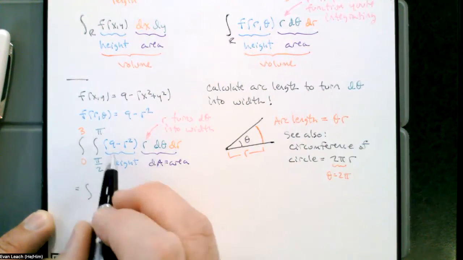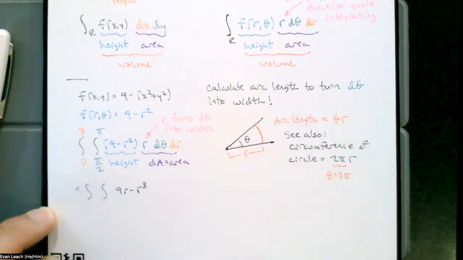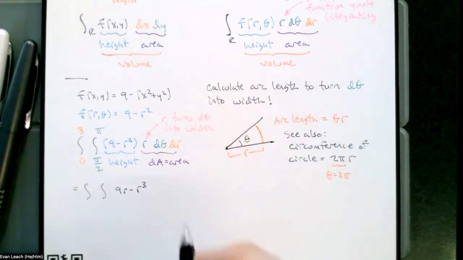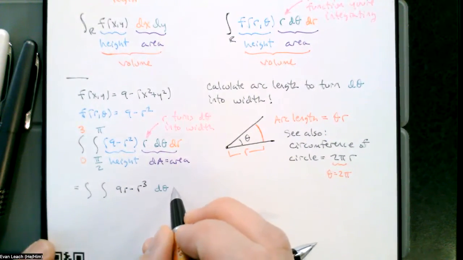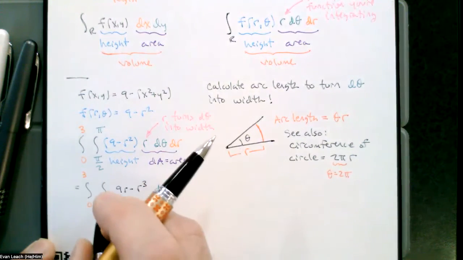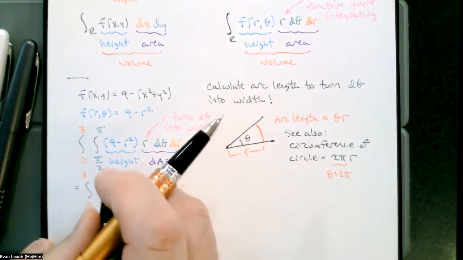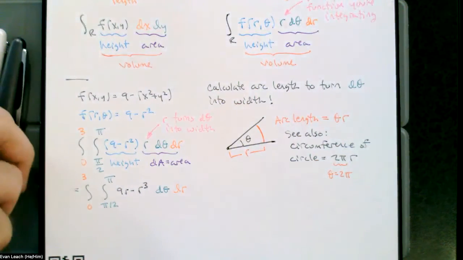So I'm going to integrate the function 9r minus r cubed d theta dr. That r shows up because it turns the d theta into a width, but it gets included with the function for the integration.